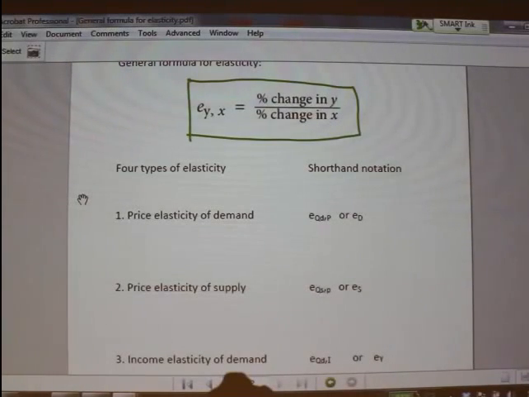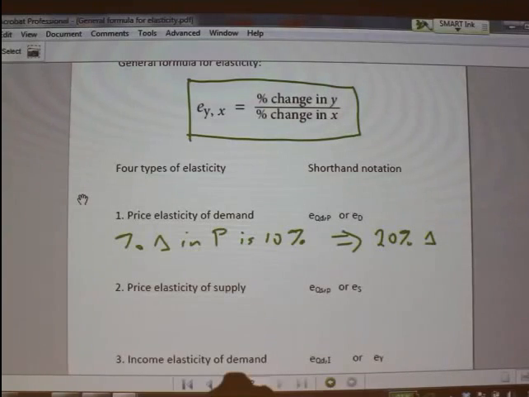If I tell you that the price increased by 10%, and that caused quantity demanded to fall by 20%, we could calculate the price elasticity of demand, right? So the percentage change in price is 10%, say, and that leads to a 20% change in quantity demanded.